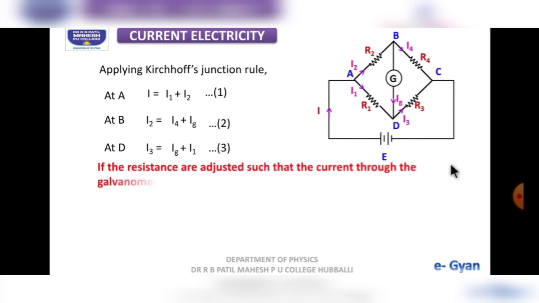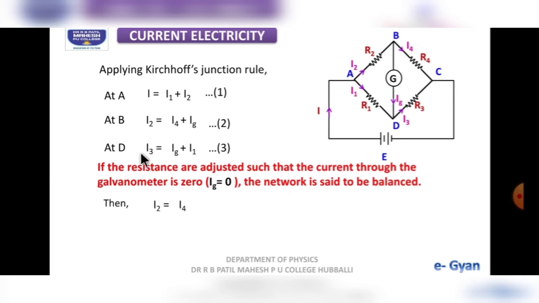Now, putting Ig equal to 0 in equations 2 and 3, we get I2 equal to I4 and I3 equal to I1. Let this be equation number 4.